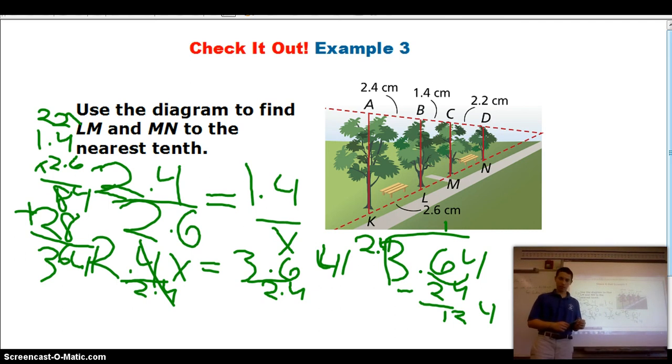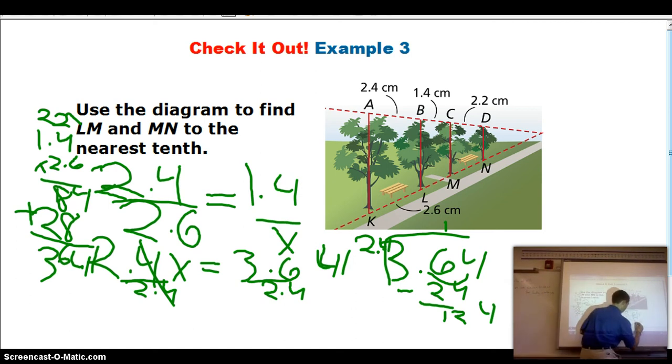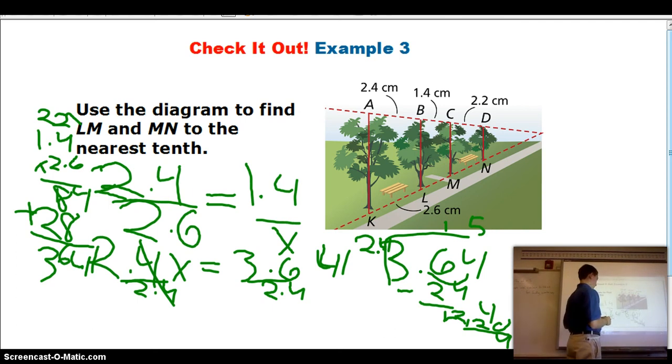No, because 24 times 4 is not 100. Oh, I'm sorry, 5. 4 times 4 would be 96. So it'd be 126, so times 5, and you'd still have 4 remaining.